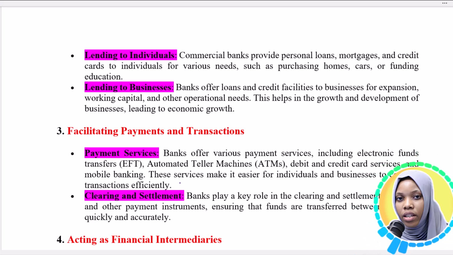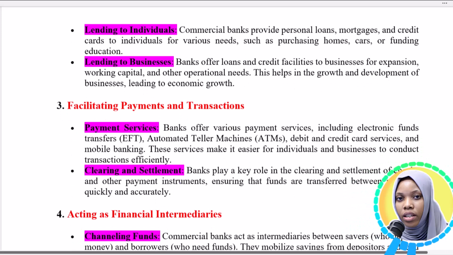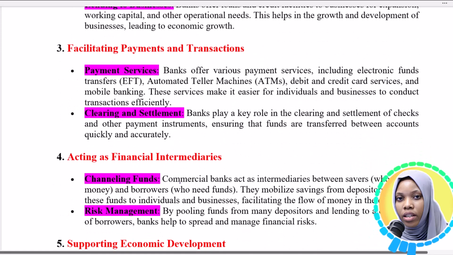These services make it easier for individuals and businesses to conduct transactions efficiently. They can also facilitate payments and transactions by clearing and settlement, where banks play a key role in the clearing and settlement of checks and other payment instruments, ensuring that funds are transferred between accounts quickly and accurately.